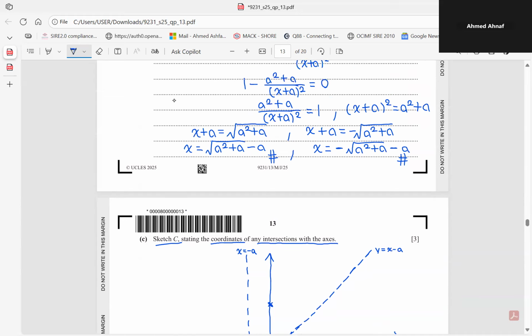Let me just sketch this branch. Yep, this is the stationary point. So this is our entire curve C, with the coordinates of the intersection, the y-intercept. Don't forget to write your x and y. Let's head on to the next part.